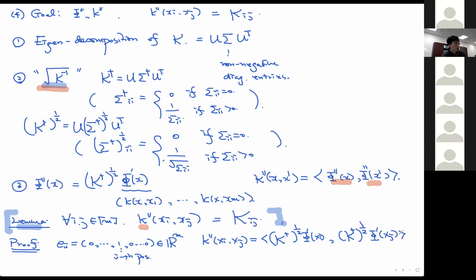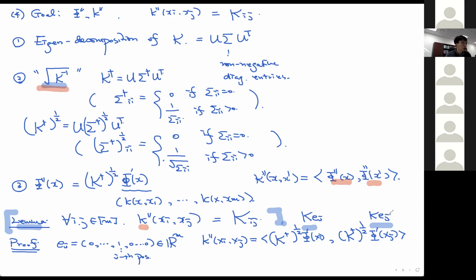But using this e_i, we can now express these two as a matrix multiplication with a kernel matrix K, and in this case it's e_i. We just pick the ith column of the kernel matrix K, and then we are picking the jth column of the kernel matrix.